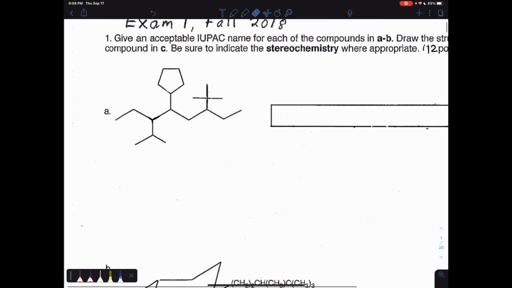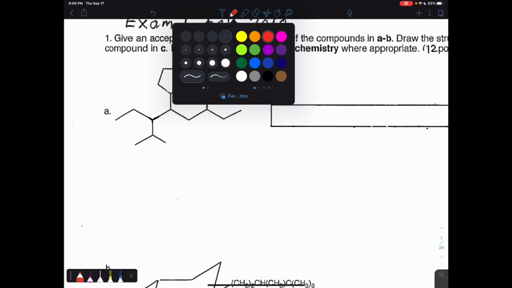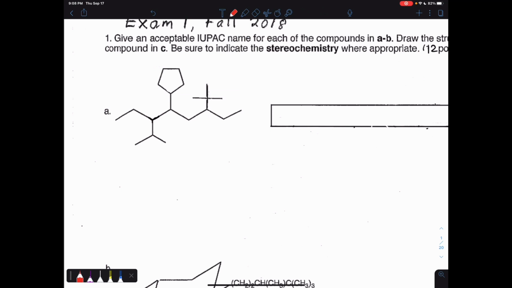So the first step you always want to do is find the longest chain possible. Using that number one, most important rule, I'm going to have different options in different colors. The first option is going to be 1, 2, 3, 4, 5, 6, 7, 8.